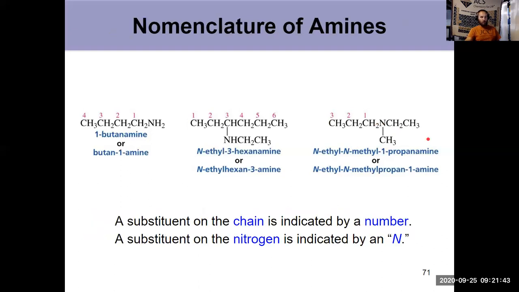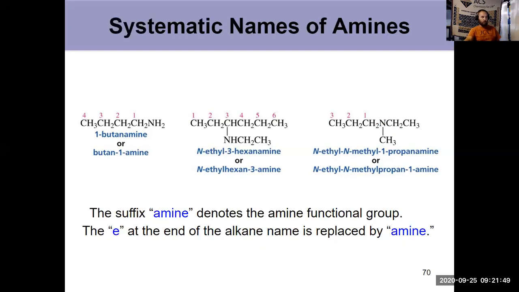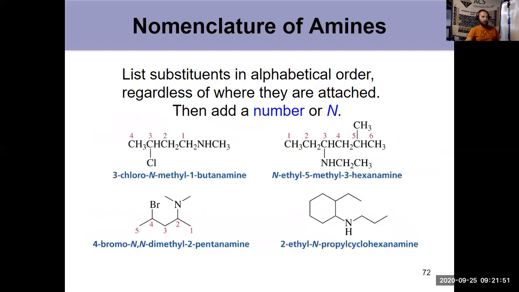And here you've got some more to look at for practice. I recommend, oh, these are actually the same ones. It's just different text. Here we've got some other ones for practice. Always listing the substituents in alphabetical order. In this situation, even if they're attached to the amine, preceded by N, they're still going in alphabetical order overall.